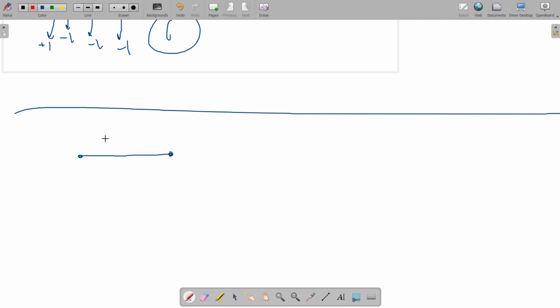The second student looks something like this, like his Li is after this Li. The third student may look something like this, and the fourth student could look something like this. So this is the first student, this is the second, this is the third, and this is the fourth.